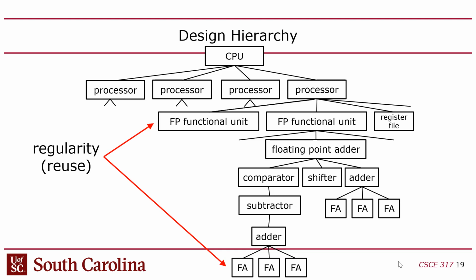What do you do? Whenever you're designing something like that, the question you should ask is, if you break something into a submodule, is there a chance you can reuse it for something else? And if the answer is yes, then you definitely want to have it in its own submodule, because this exploits the idea of regularity. Regularity is just like, I've got a module and I can reuse it a lot.